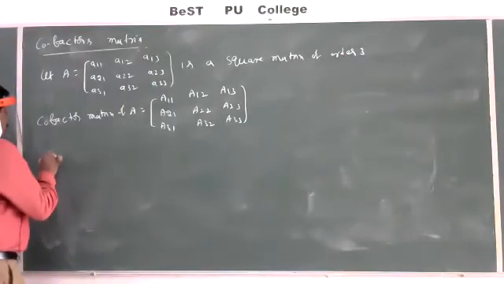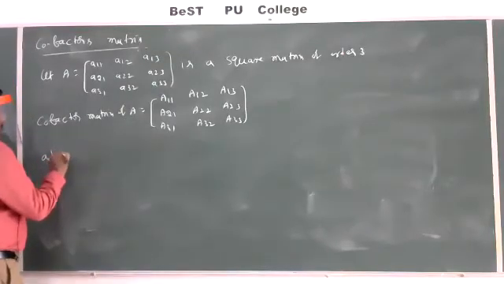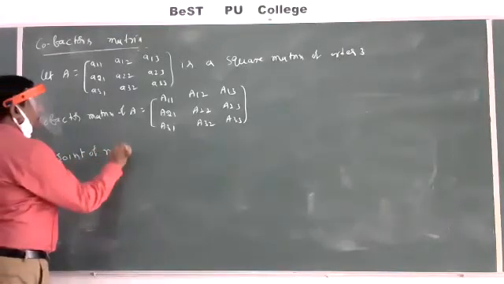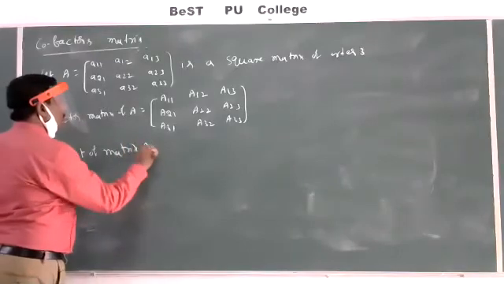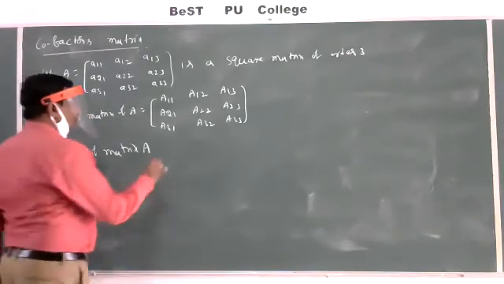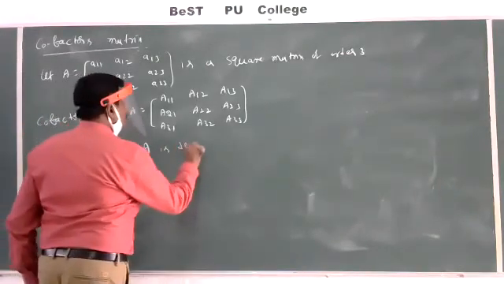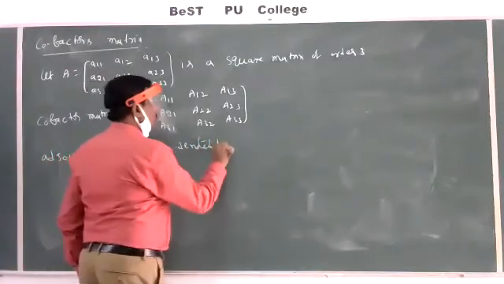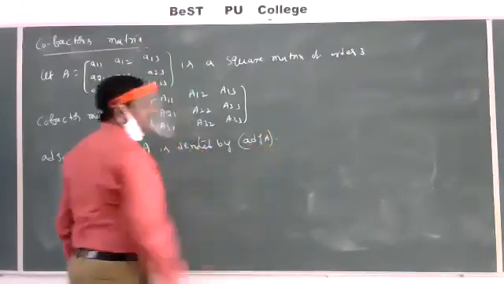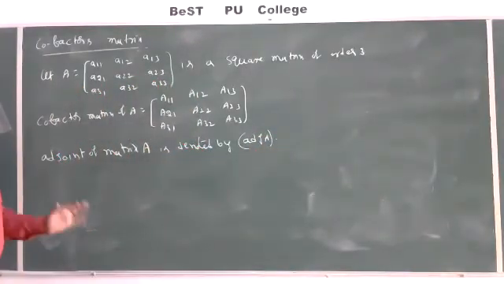Next, the adjoint of matrix A is denoted by adj A, and it is defined as follows.